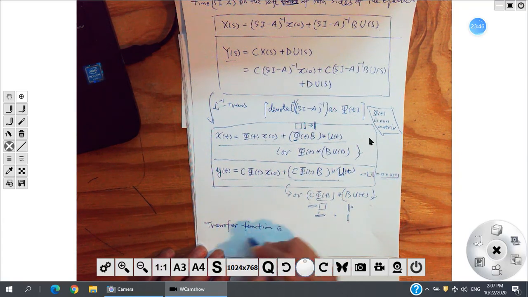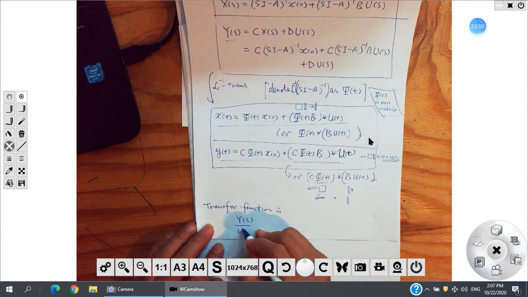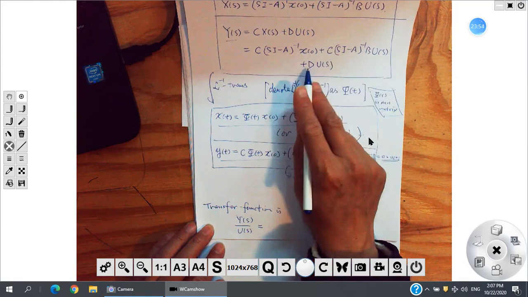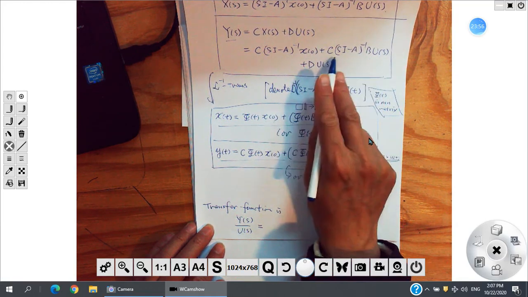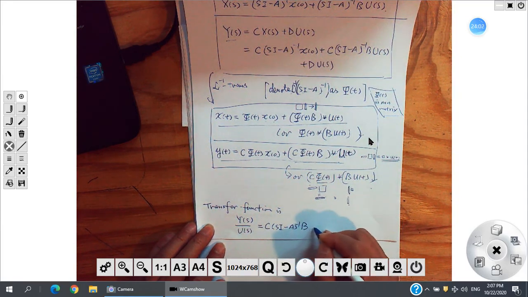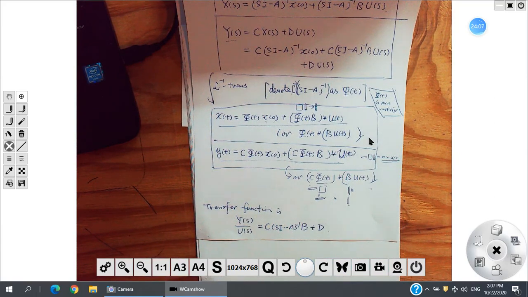So the transfer function is y of S over u of S, which is c times (sI minus A) inverse times B plus D. So this is the transfer function. We can have the transfer function based on the matrix.